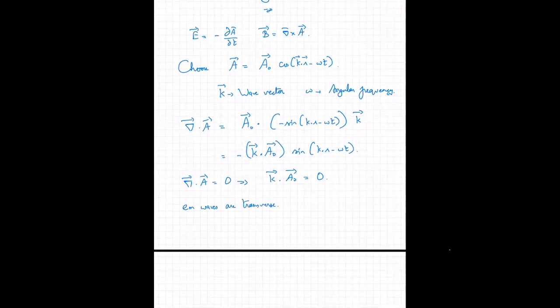What does this statement mean? This statement means that the directions of E and B are in a plane perpendicular to the direction of propagation of the wave. The transversality condition simply means that both E and B are perpendicular to k.